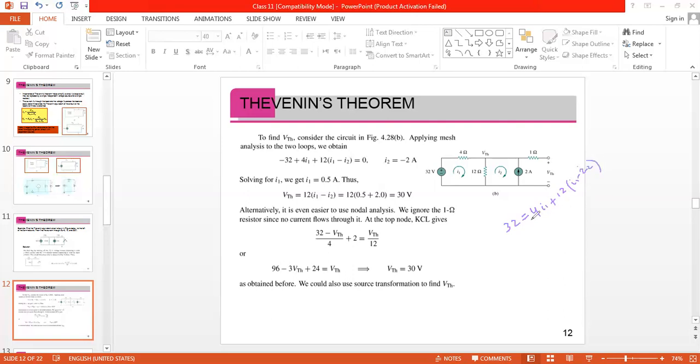Now, if you solve this equation, you will get this formula.